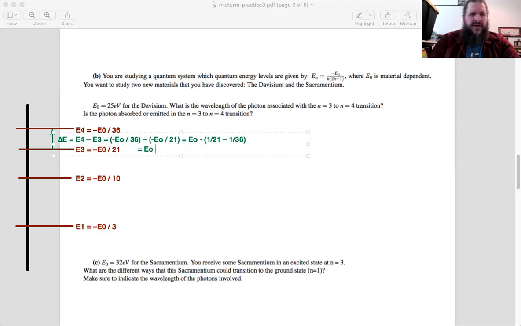So that'll be E0 times, do we have an easy common denominator there? That looks like it's going to take too long. So 1/21 minus 1/36 ends up being like 5 out of 252. Let's just put that as a decimal, rounded off, about 0.0198.